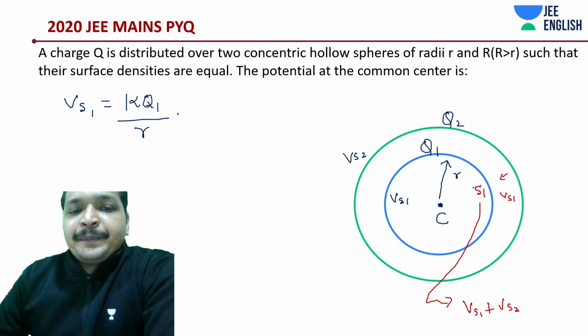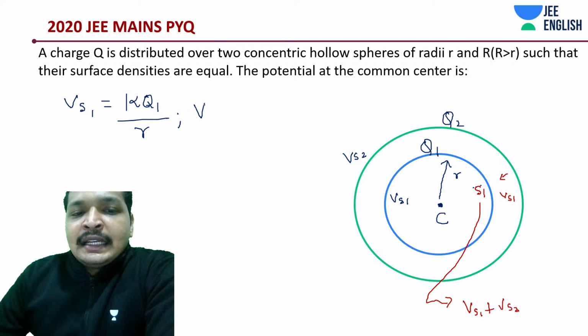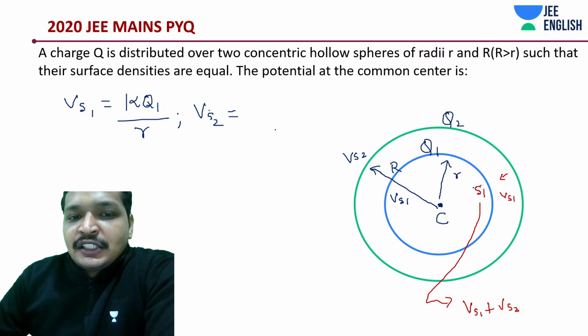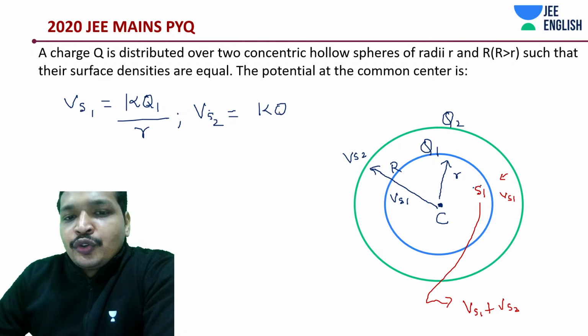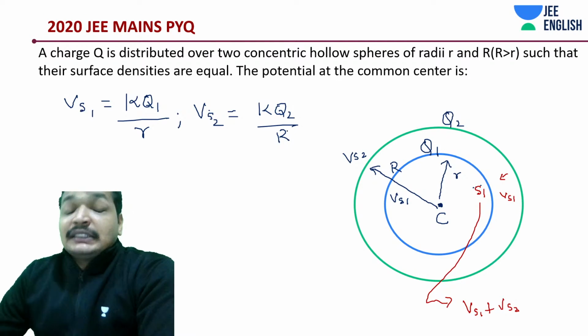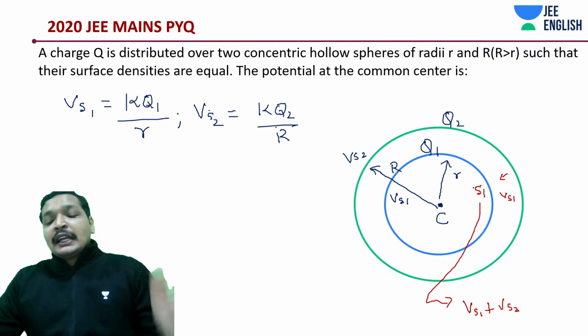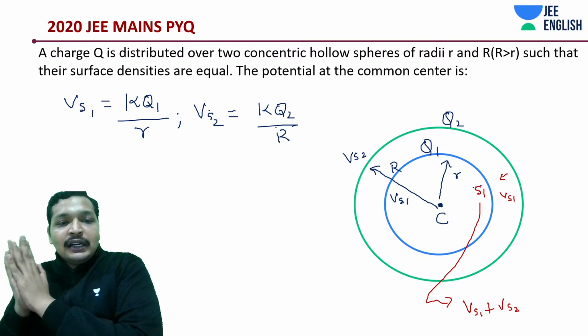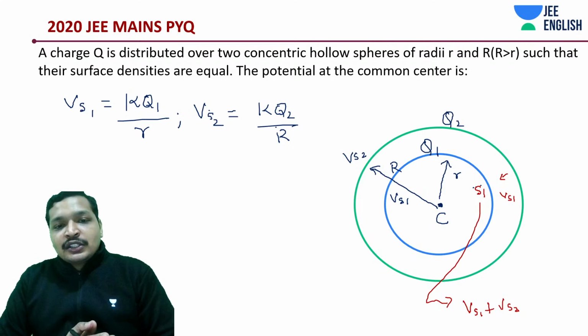And then Vs2 is how much? Vs2 is going to be K into Q2 divided by capital R. Substitute the value of Q1 and Q2. What was Q1? Sigma into 4 pi small r square.